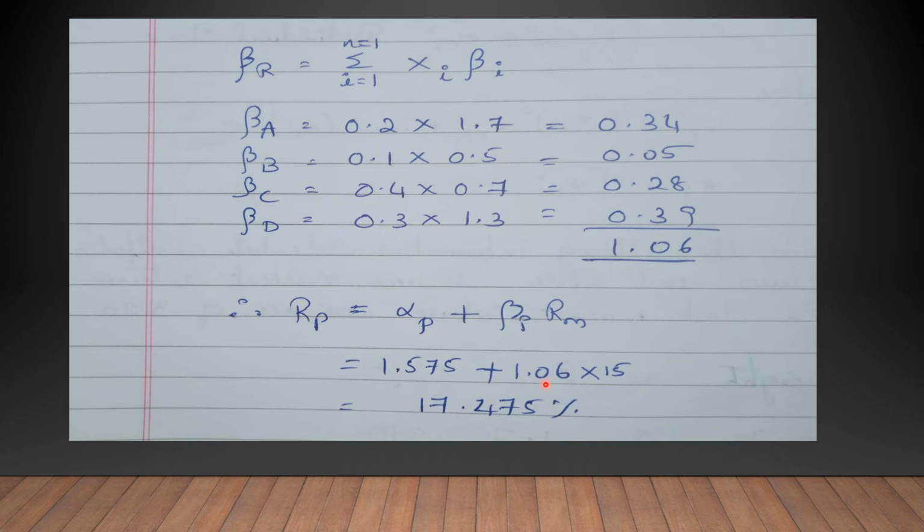This is given in the question. So 15% is given in the question. That value we are substituting here. By doing the calculation you are going to get 17.475%. So this is the return on portfolio.